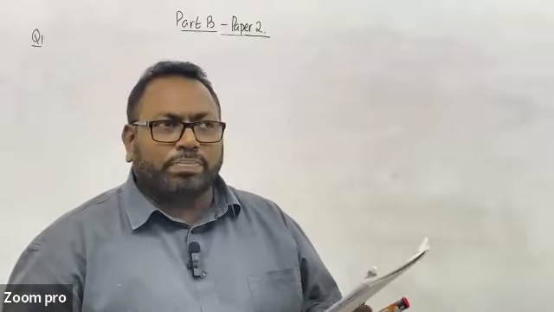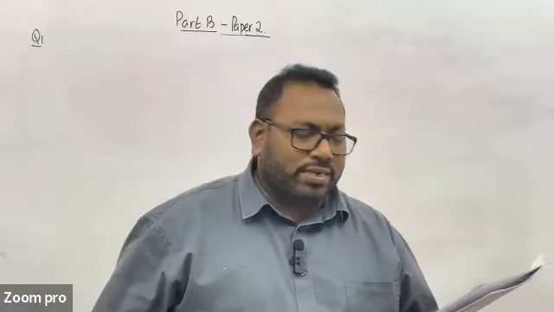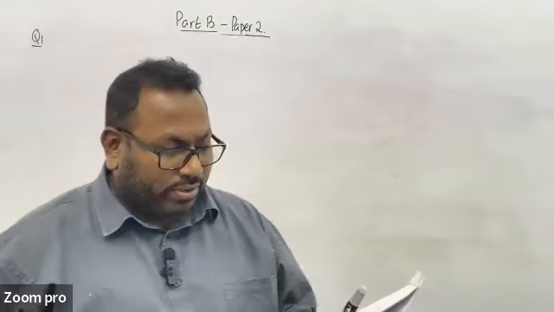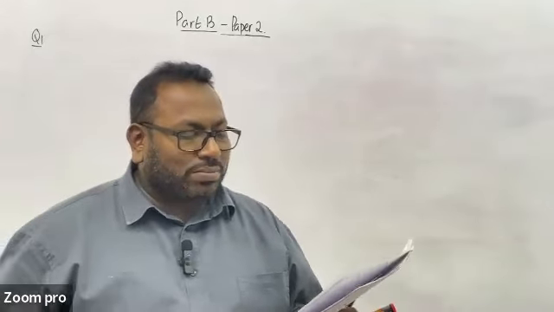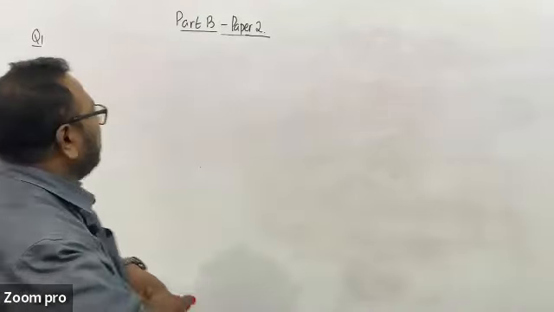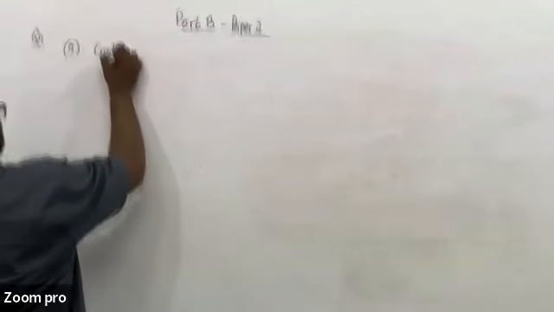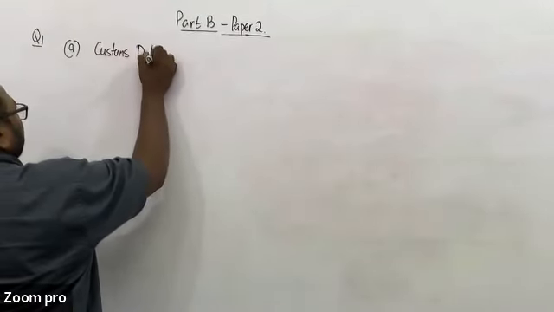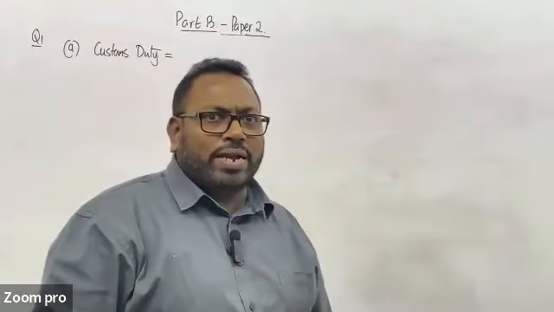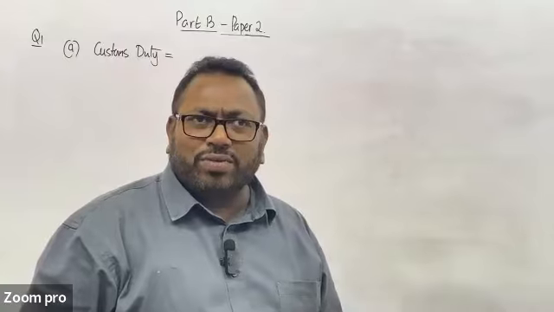A 40% customs duty has to be paid for a TV set of value 100,000 when imported. So what is the customs duty that has to be paid for this TV set? Right, so easy question actually. Part A, they're asking what is your customs duty on a 100,000 value TV set. How much are they charging? 40%.